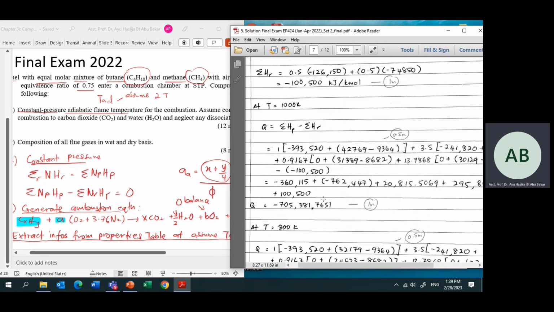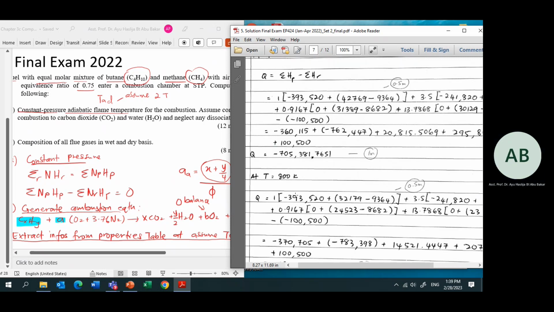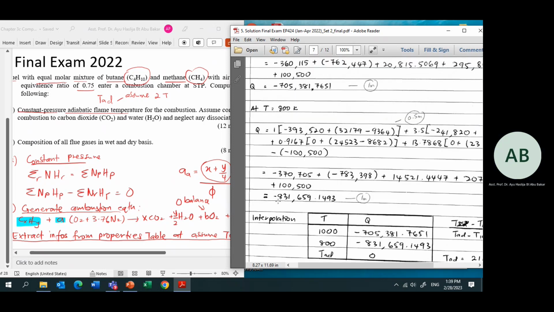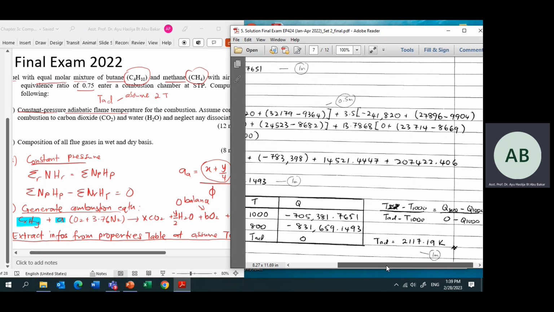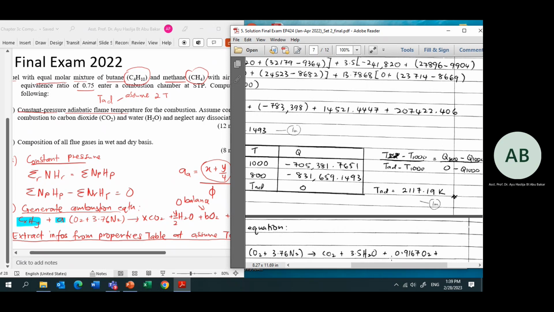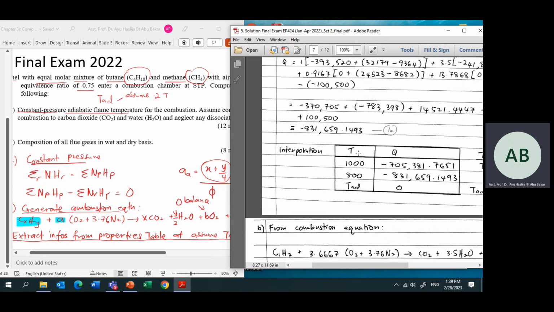Then you will get the Q at the first assumed temperature, then repeat the same thing at the second assumed temperature. You get the figures, then do the interpolation. The T adiabatic is roughly around this, it depends on the temperature that you assume as well. Roughly 2000 plus. Those are the steps to find the T adiabatic.